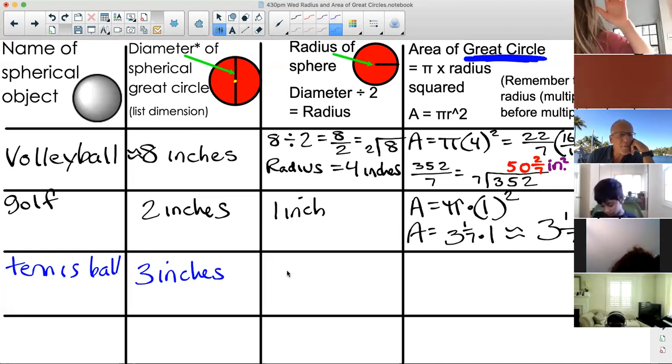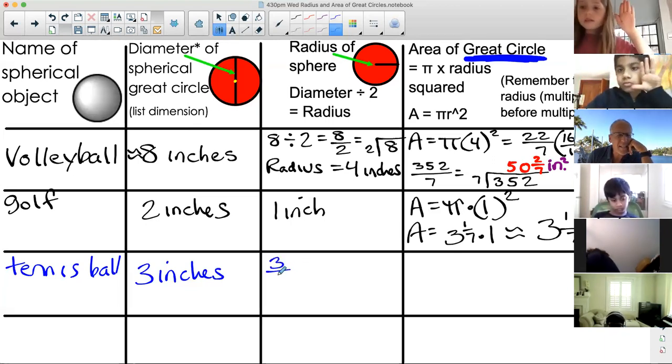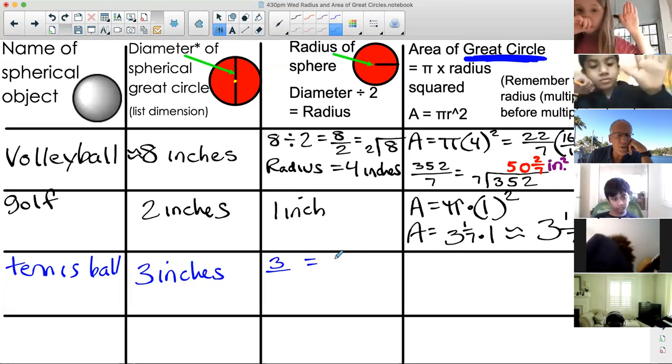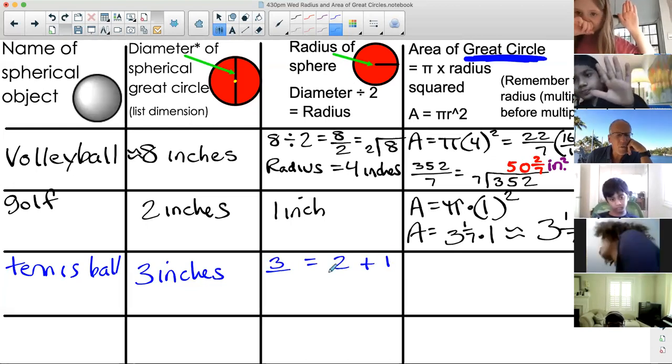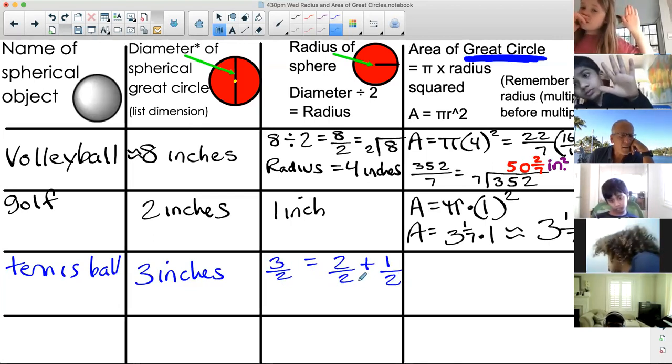You're going to have to chop 3 in half. You might want to think about it as 3 equals 2 plus 1. What's half of 2? What's half of 1? And then put them together.